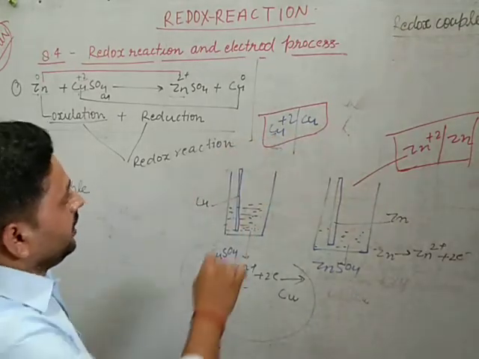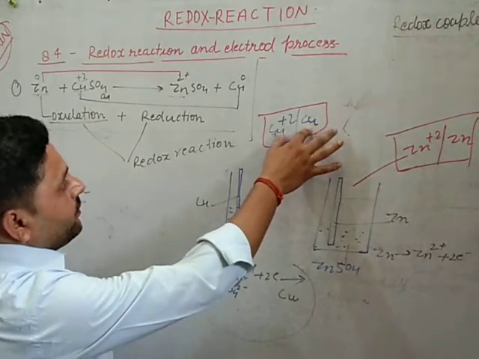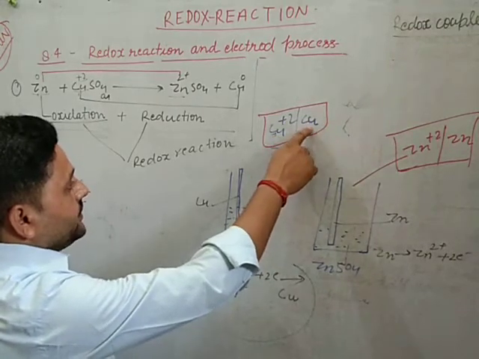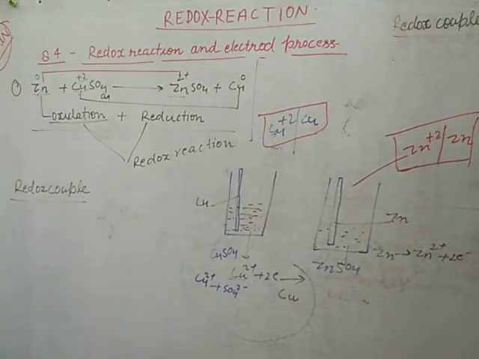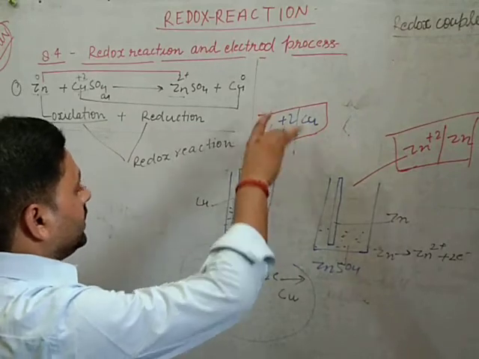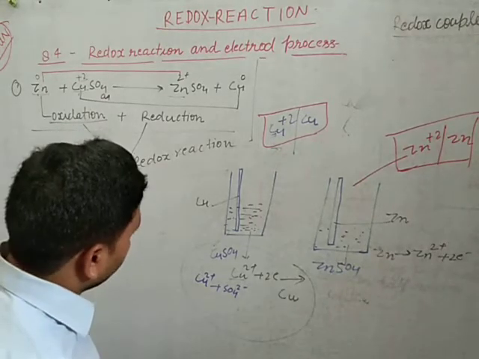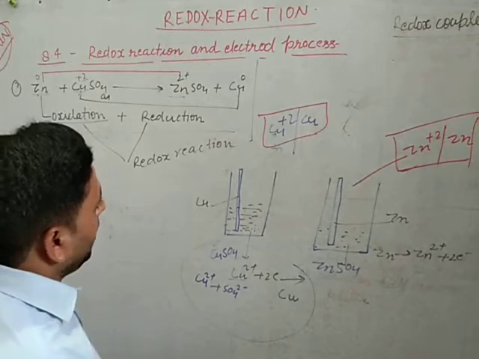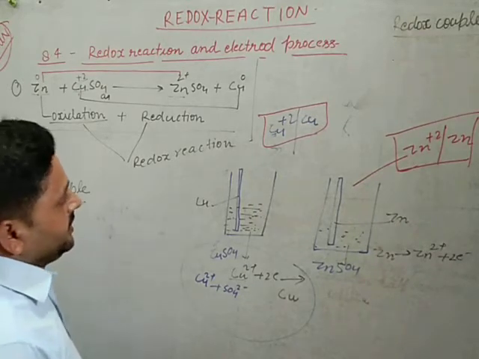A redox couple having together the oxidized and reduced form of a substance taking part in a half oxidation or reduction reaction. So we can write this.